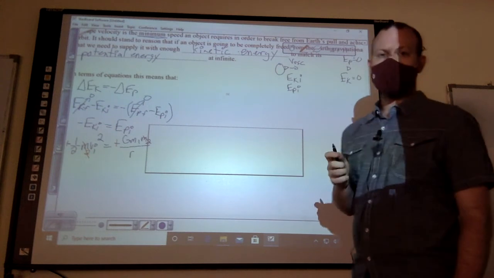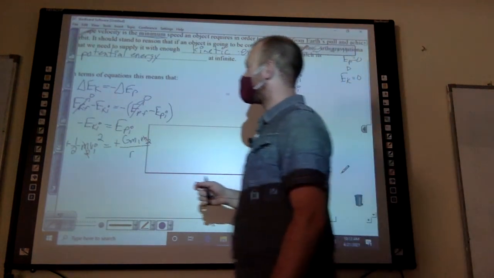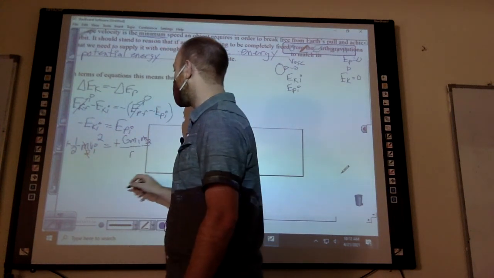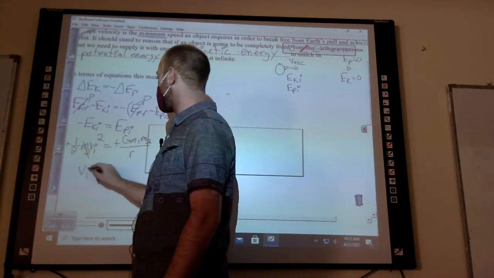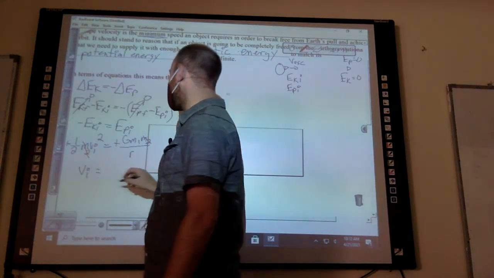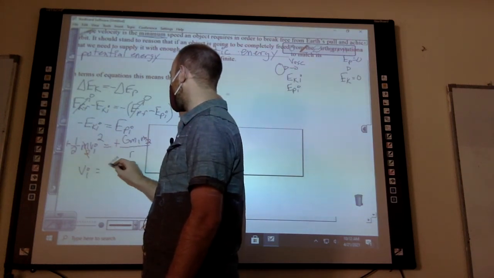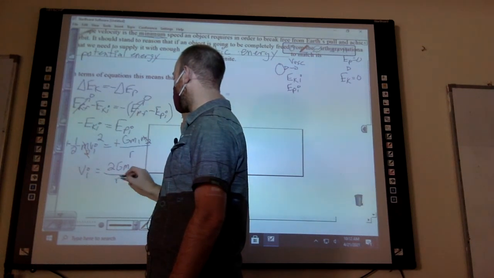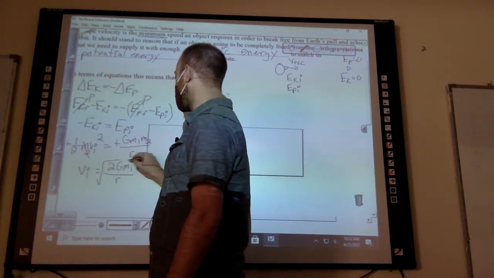So let's go about figuring this out. Solve for VI, and then we get VI equals, let's see, times that, so 2GM1 over R. Take the square root.